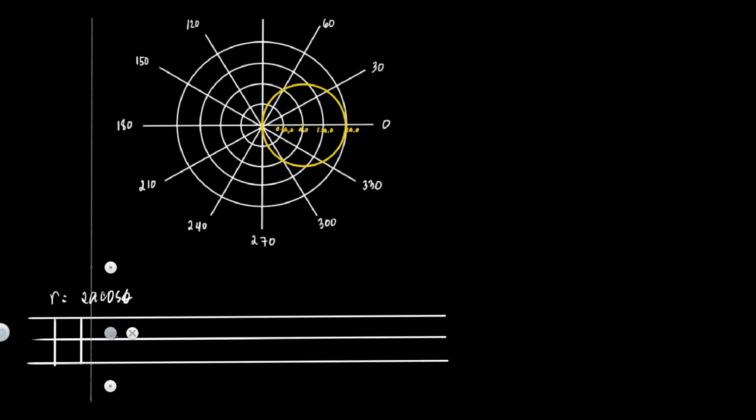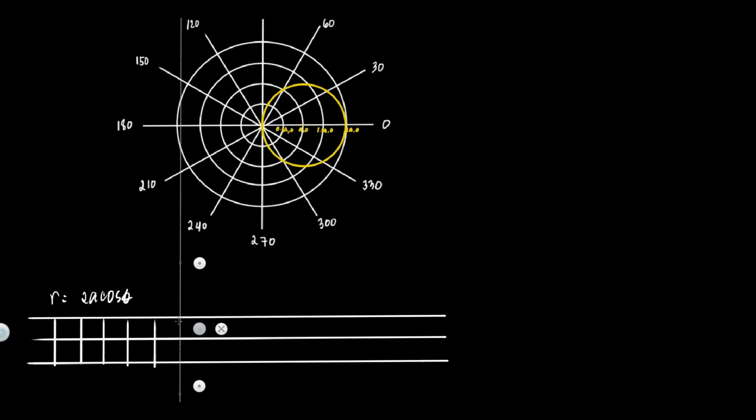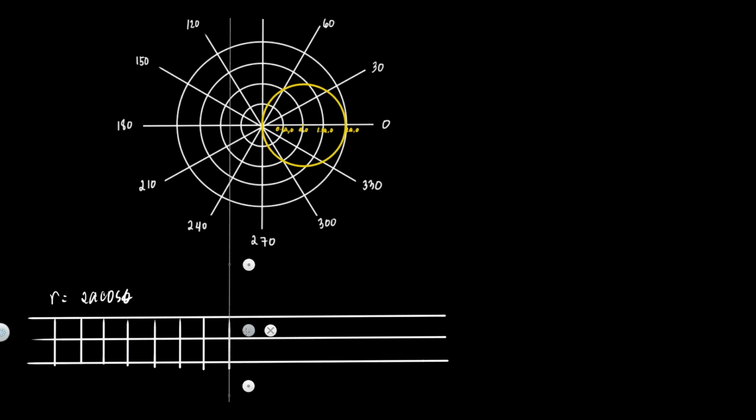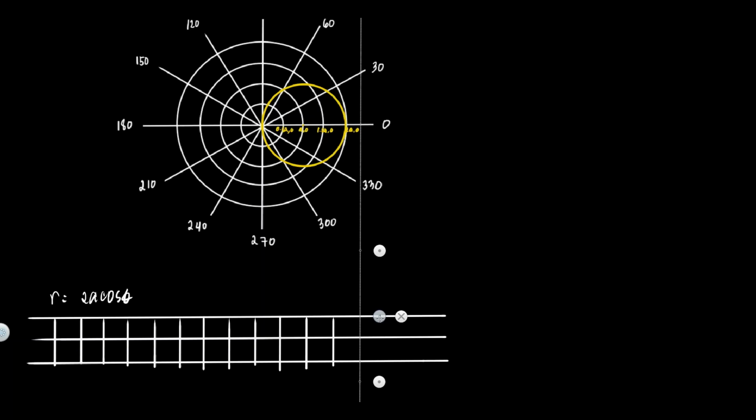So theta 0. Okay, so gawin natin to. Para sa 0, then 30, 60, 90, 120, 150, 180, 210, 240, 270, 300, 330, and 360.